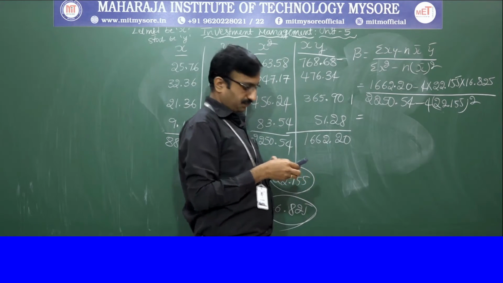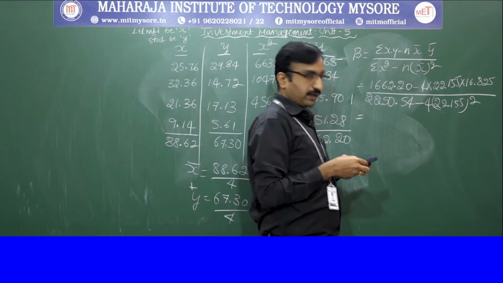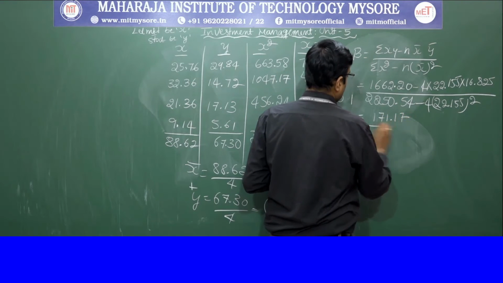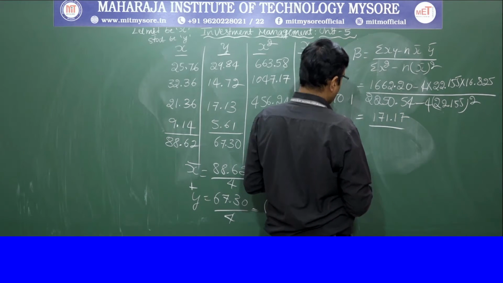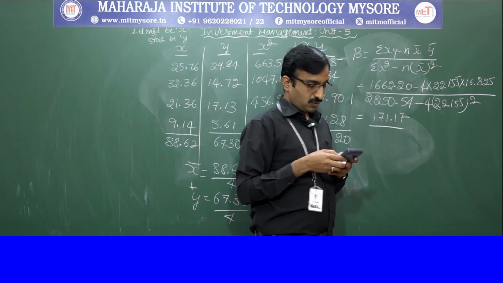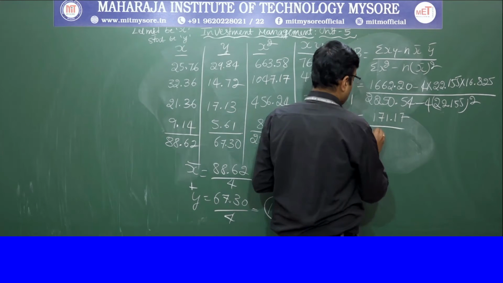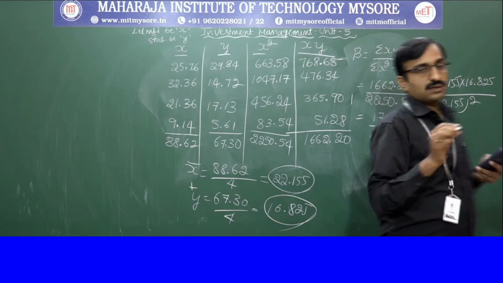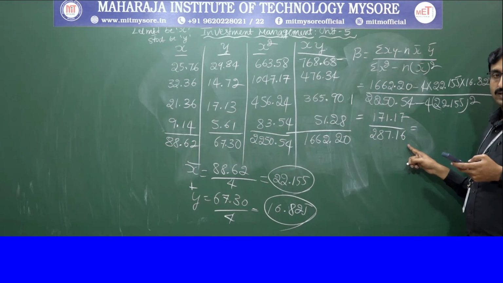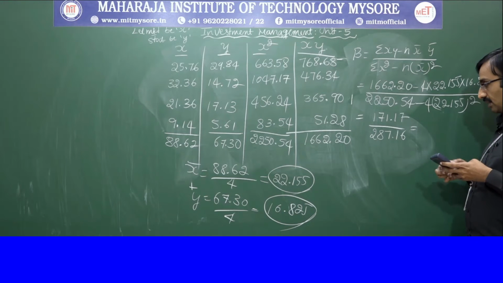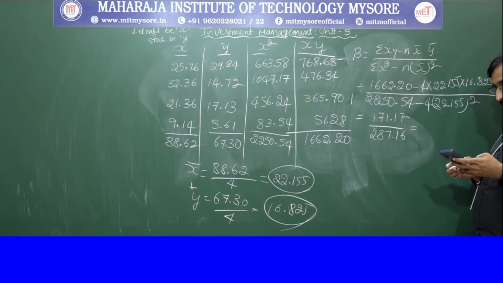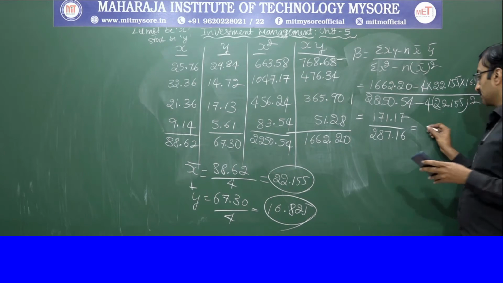So you will get 171.17 for the top, and the below one you will get 287.16, and the total beta is 0.596.